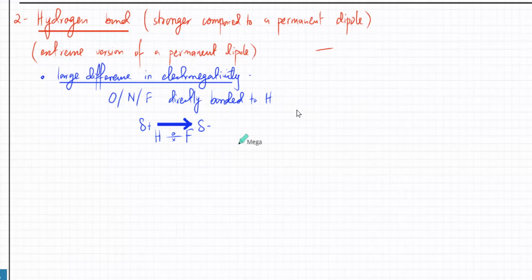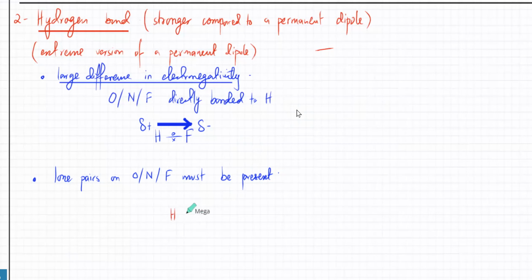So the second point about this is that lone pairs must be available. Lone pairs play a very important part. So lone pairs on oxygen, nitrogen, or fluorine must be present. So let's take that HF molecule again.